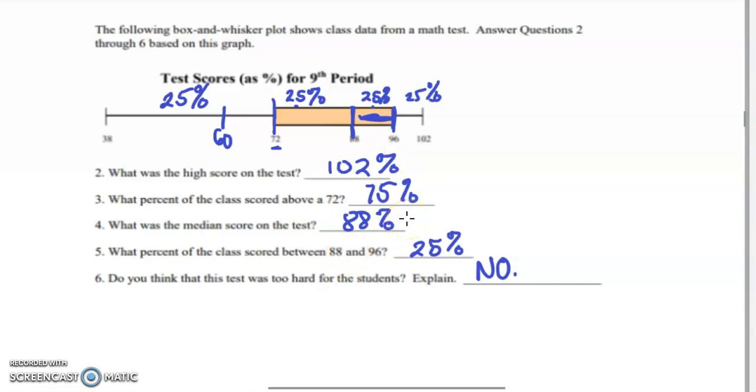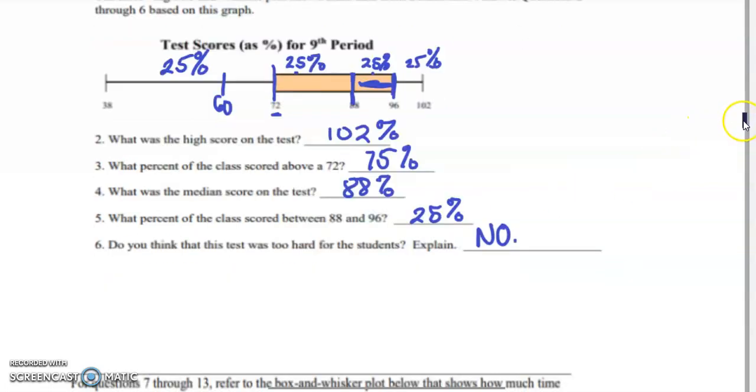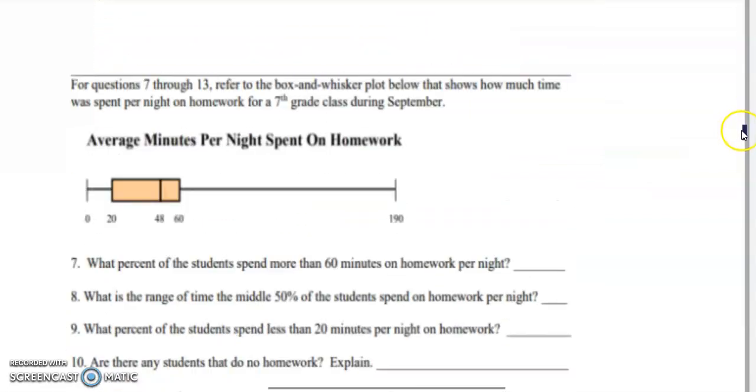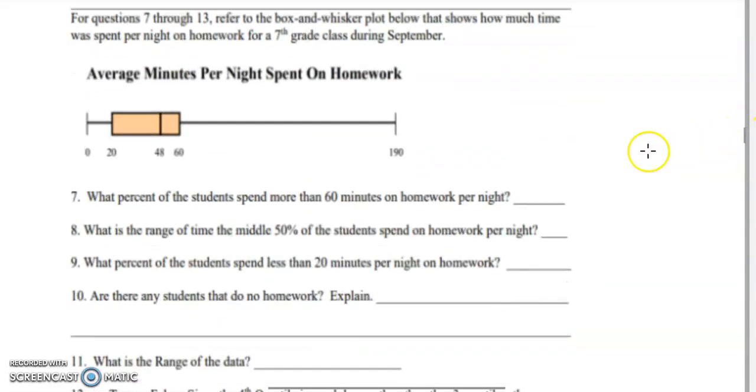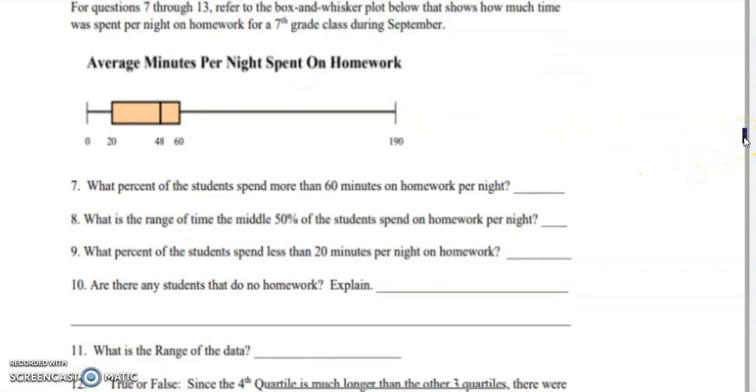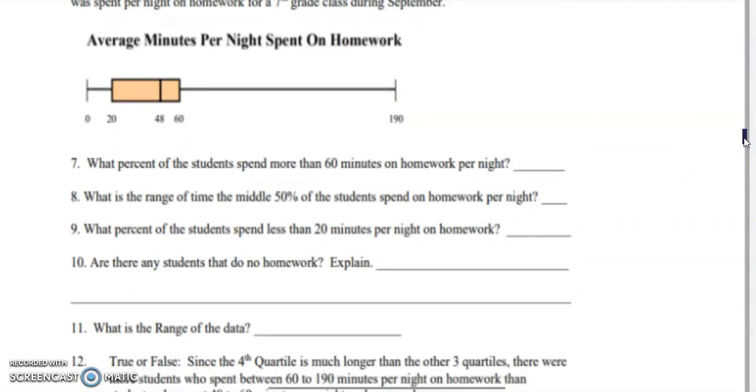Okay, so we can look at the graph, we can look at the percentages, look at the numbers, and make some kind of a judgment on it. Okay, so let's look at a different graph here. For these questions, we're going to look at the box and whisker plot that shows the average minutes per night spent on homework for some group of students.